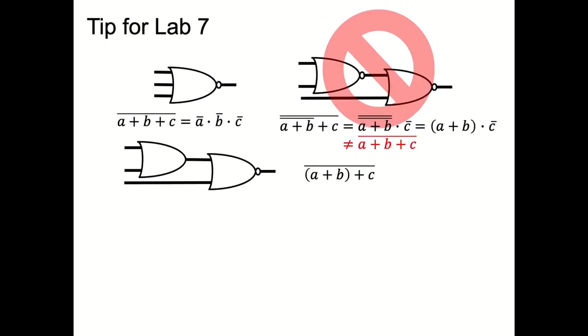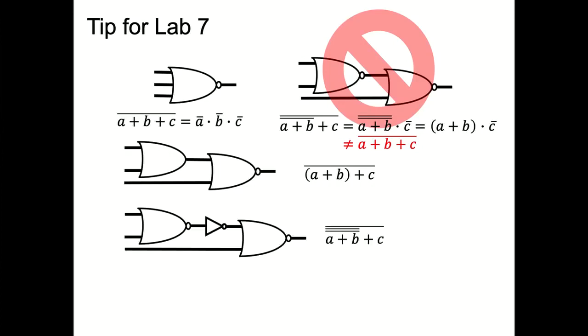If you want a 3-input NOR gate, you can do it by first building an OR. But you're not going to have OR gates in your kit. So what do you do? Well, you will have inverters, so you can turn that NOR gate back into an OR gate.